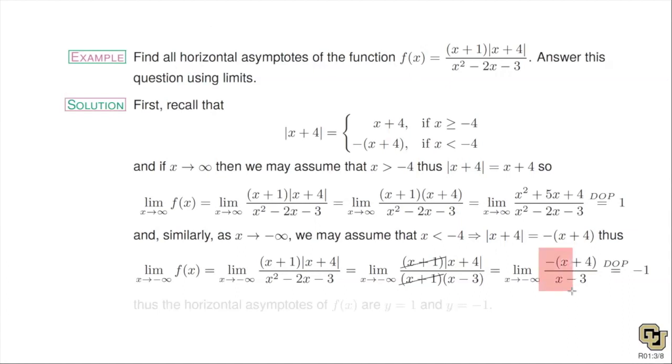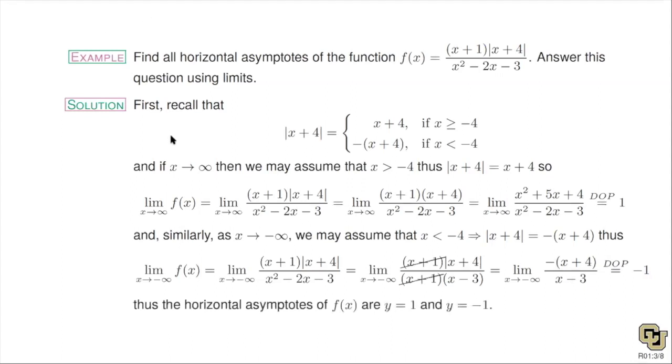Here in the numerator, negative x is the highest order term. In the denominator, x is the highest order term. So cancel, cancel. Negative x over x. By dominance of powers, the limit is -1. And here I mentioned that I use dominance of powers. So the limit is -1.